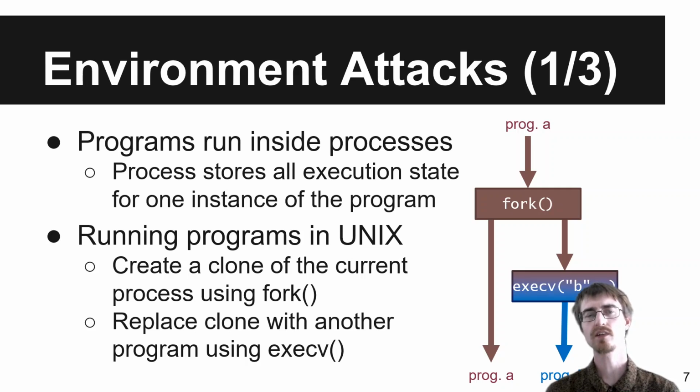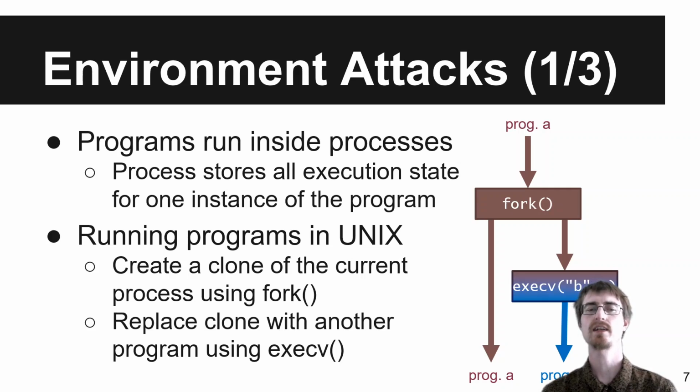First, let us think about how processes work in Unix. Every program that you execute runs inside a process, and the process stores all the execution state for one instance of the program. So there could be multiple processes running at the same time for the same program. They execute the same code, but they have their own independent state. Now, what do we do to run a program on Unix?